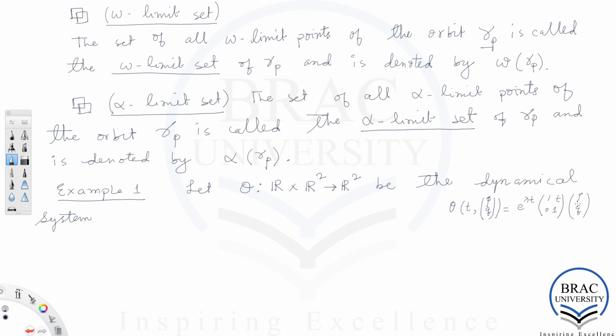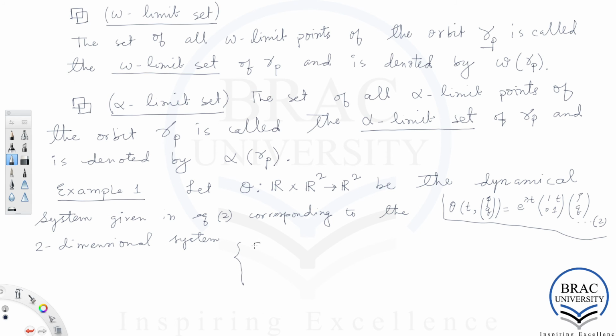So this was the definition of the flow map. Let theta be the dynamical system given in equation 2, corresponding to the two-dimensional system dx over dt equals lambda x plus y, and dy over dt equals lambda y, with lambda not equal to 0.